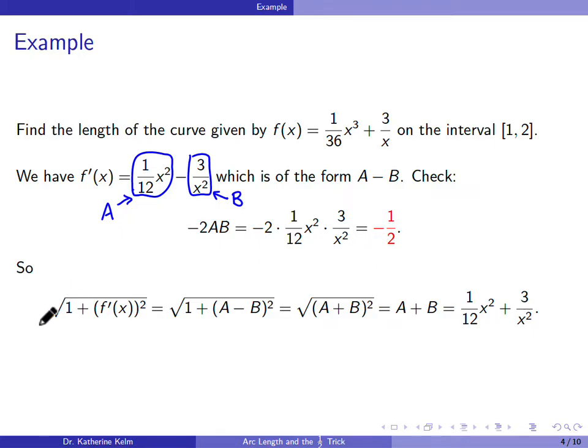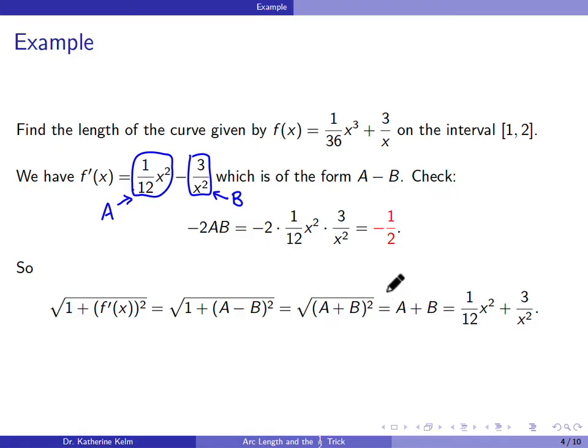So the square root of 1 plus f prime of x all squared is equal to the square root of 1 plus a minus b all squared, which equals the square root of a plus b all squared, as we saw on the previous page. Now observe that a and b are both positive, since x squared is always positive on the interval of 1 to 2, and so a plus b is positive.